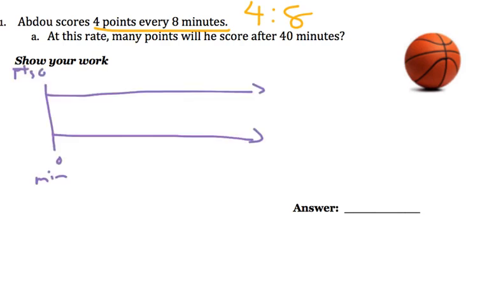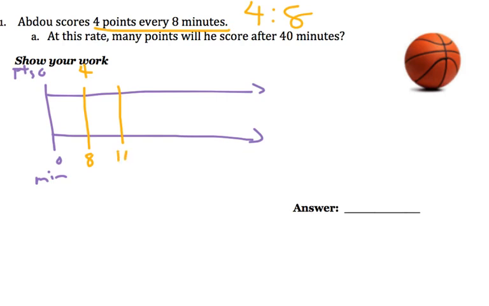Again, one of the most essential strategies for ratios is double number line because you can scale up the ratio that they give you. I set it up to have points on top and minutes on the bottom. And then just thinking about what ratios are and how to scale them, every 8 minutes, Abdu's scoring 4 points.